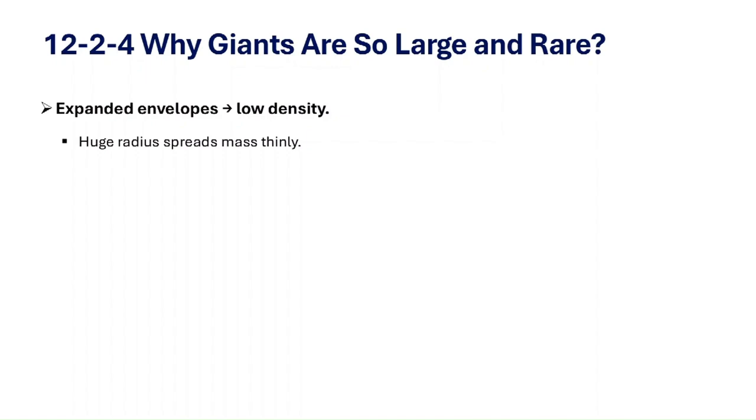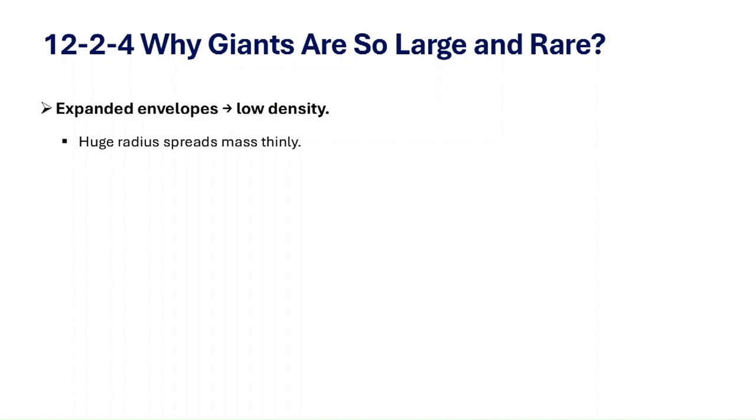Now you can imagine taking a basketball and inflating it until it's the size of a stadium. And that's the kind of scale we are talking about. Because the same amount of mass is now spread over such a huge space, the density drops dramatically. Which is why giants and supergiants have such low densities compared to the main sequence stars.